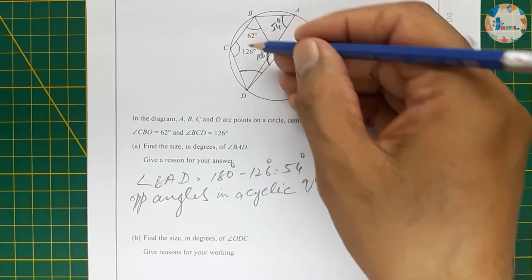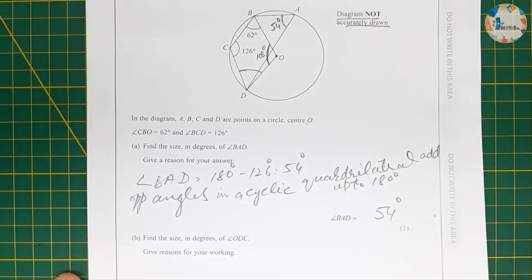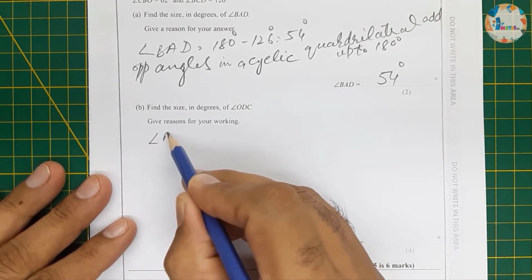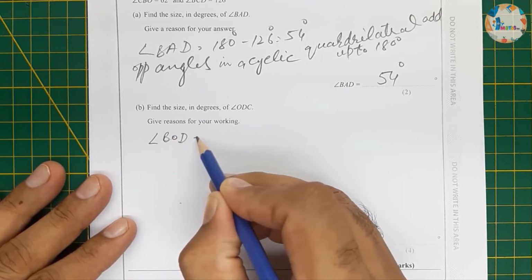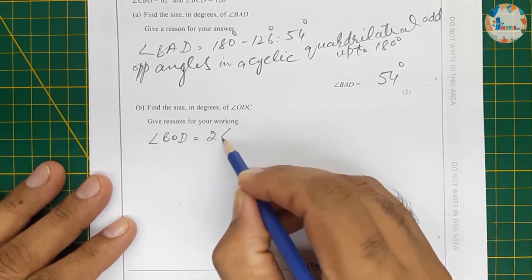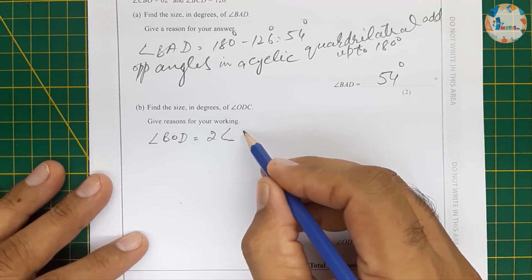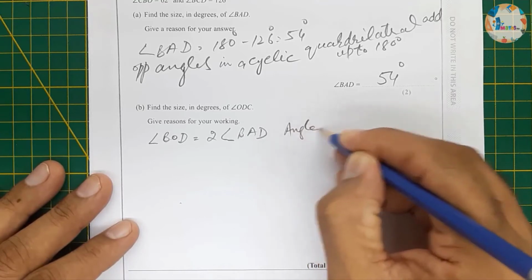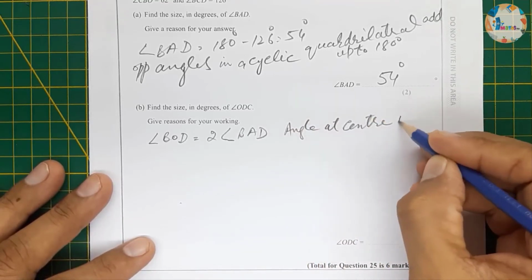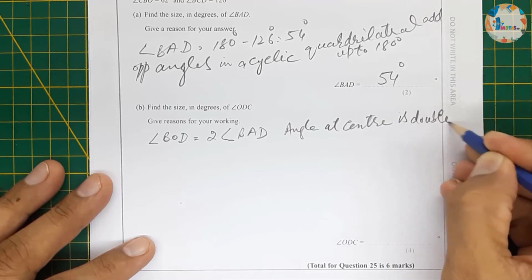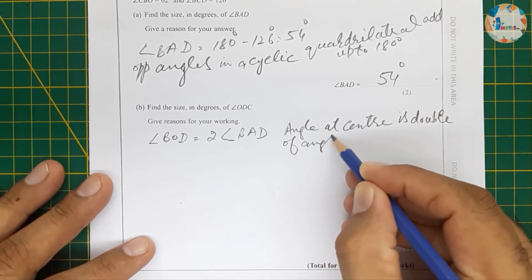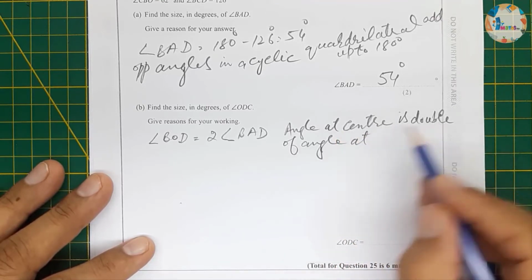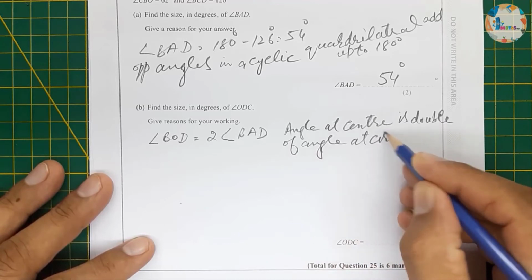So this will be 360 minus 3 angles. The same statement we will write here in the working. So we can write angle BOD will be equal to double of angle BAD, and the reason we can write is angle at center is double of angle at circumference.